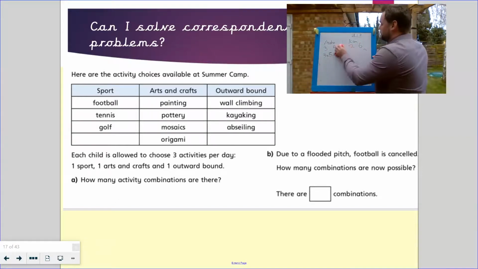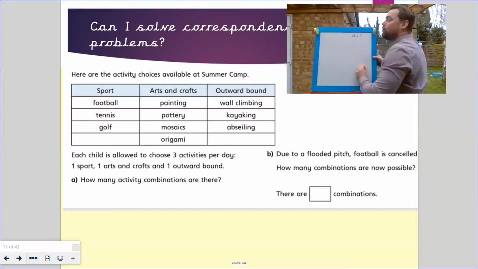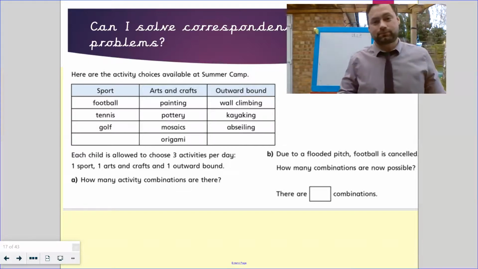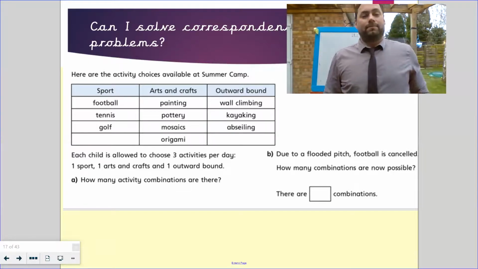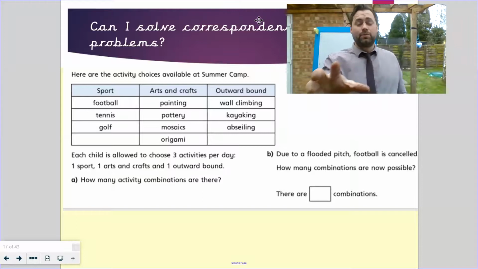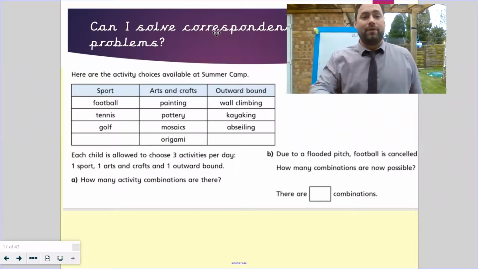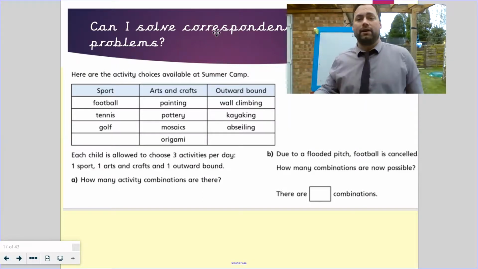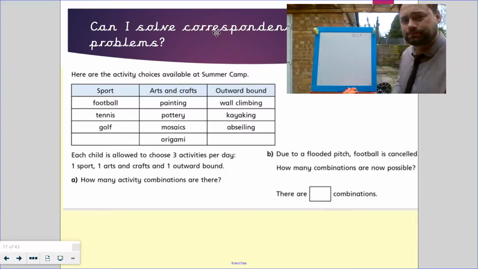If you were to draw this one out, you would have lines going all over the place. As you can see, we've got 3 groups here, and we've got to choose 1 from each one. If we started doing lines all over our page, it would get so confusing, we wouldn't be able to do it. So let's have a look.